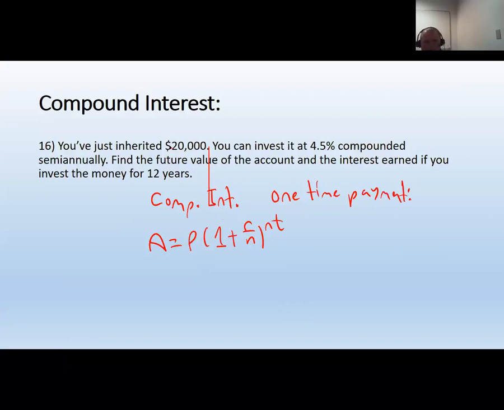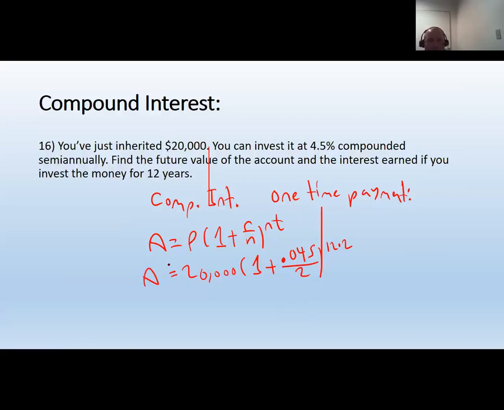Okay, so the $20,000 that was inherited is the P, the present value that's invested today. And this is parentheses 1 plus R, which is 4.5%, that's 0.045 as a decimal, over N. Now this is compounded semi-annually, so your N is going to be 2, twice a year. And then this is raised to the 12 times 2 power, since T is 12 and N is 2.